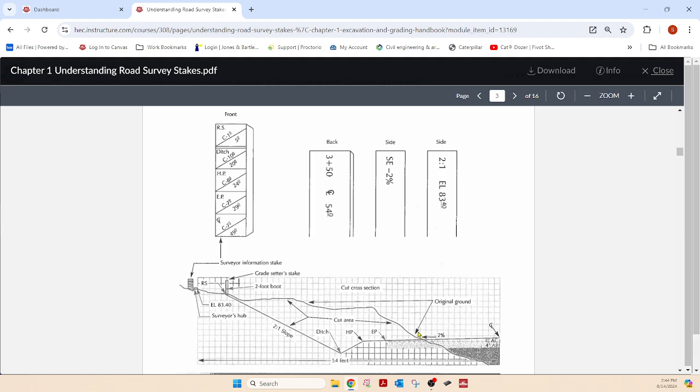So 20 feet horizontal, 4/10 vertical. If you divide 4/10 by 20, you will get 0.02, which is a 2% rise. And you will get an elevation of 74.9. That's the center line of the road.